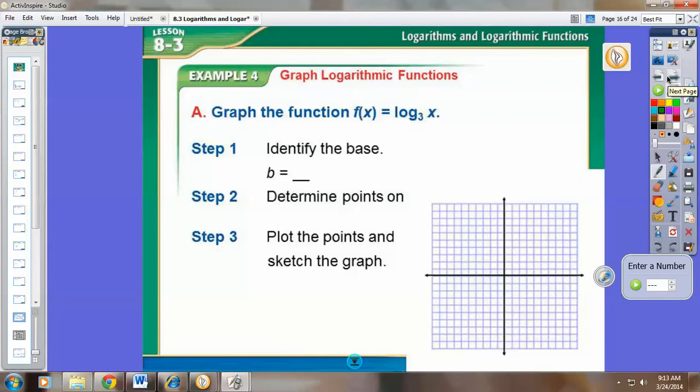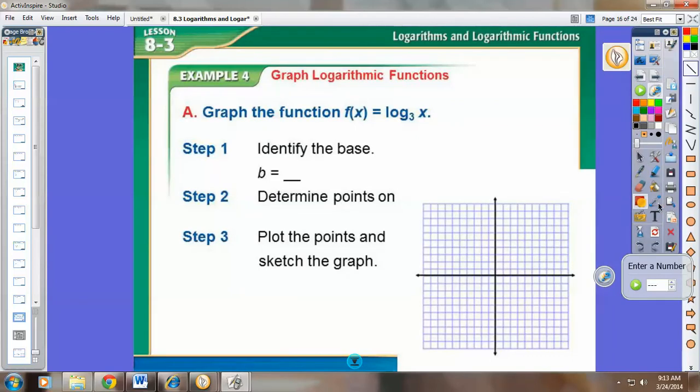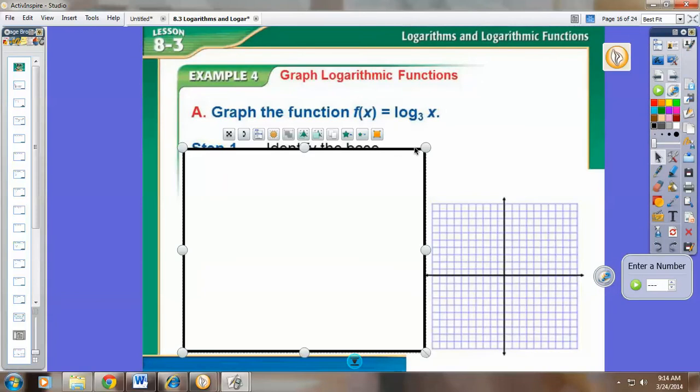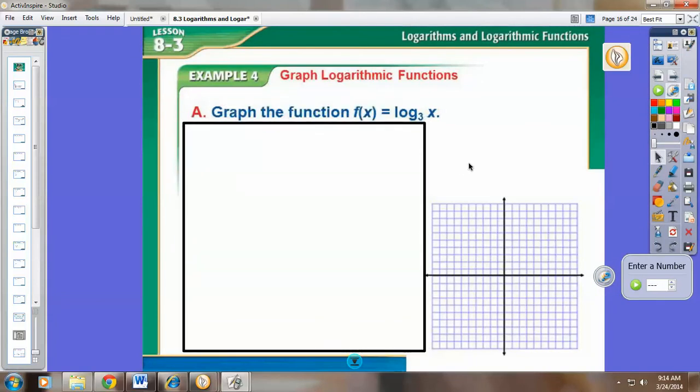Here is our first example, which I believe you guys also have in your notes. We have f of x equals log base 3 of x.